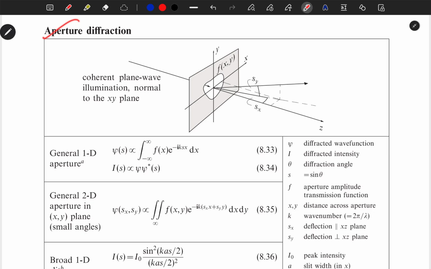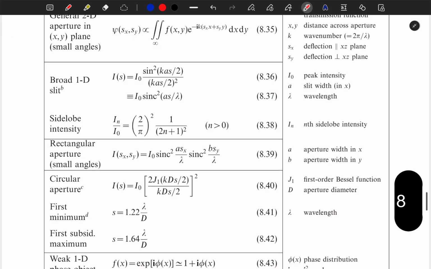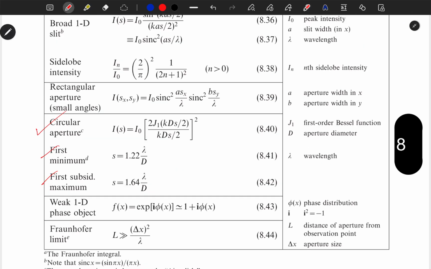Aperture diffraction. For a circular aperture, intensity will be I0 times [2 J1 (k d sin theta by 2) divided by (k d sin theta by 2)] whole squared. J1 is the first order Bessel function.